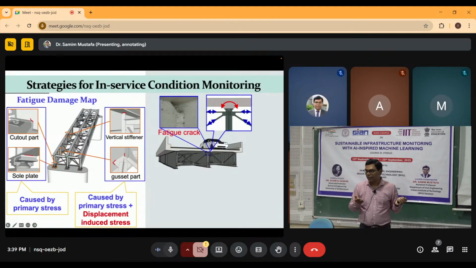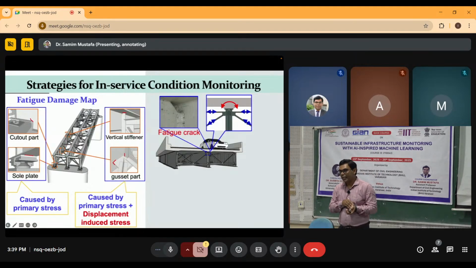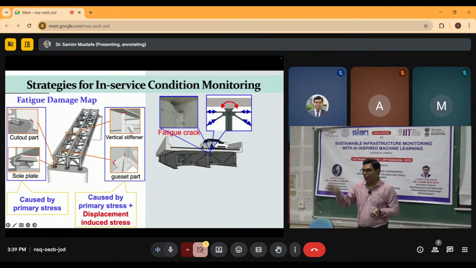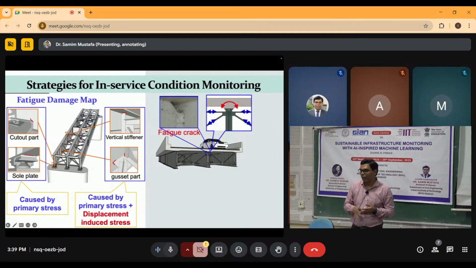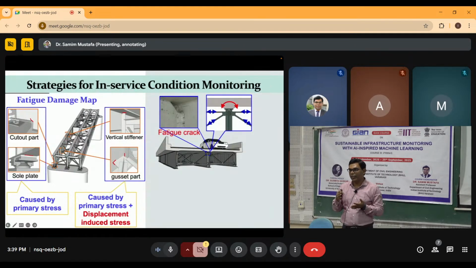so that this type of damage could be prevented. Now the question is displacement induced stress. Can this be prevented? The answer is no, because there will be displacement always. Vehicles are moving always, because the main objective of the bridge is to allow the movement of vehicles. Now if you allow the movement of vehicles, there will be deformation, and if there is a deformation, then there is a reversal of stress.